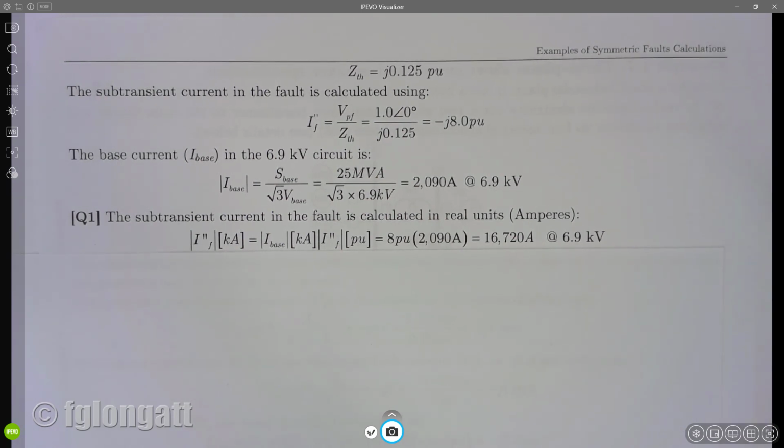Now the situation is extremely simple, extremely basic. And now what we want to do is calculate the motor contribution to the fault, and the generator contribution to the fault. To calculate the contributions, we simply use the current divider rule.